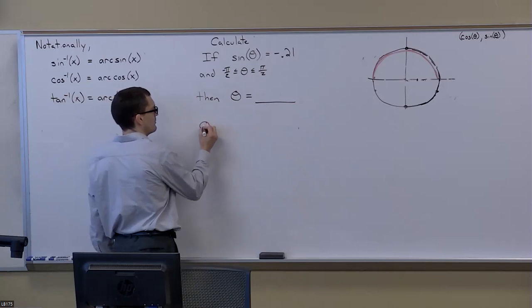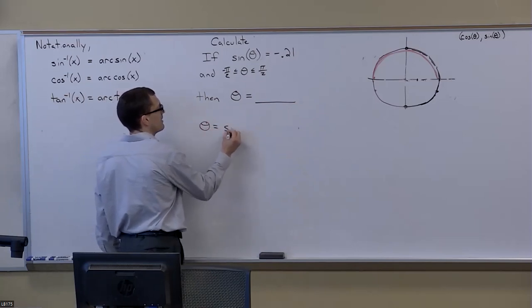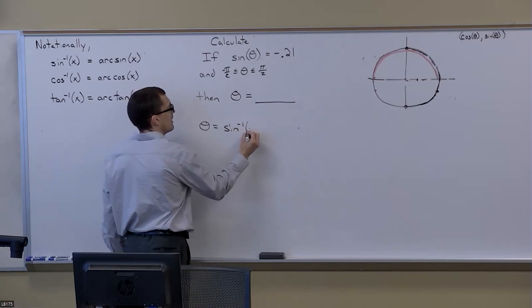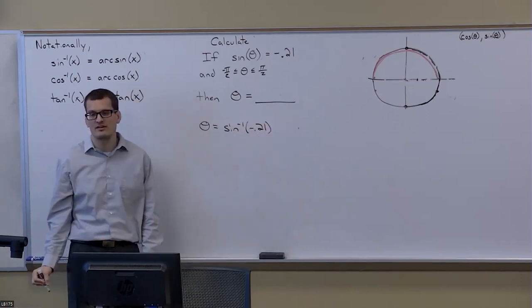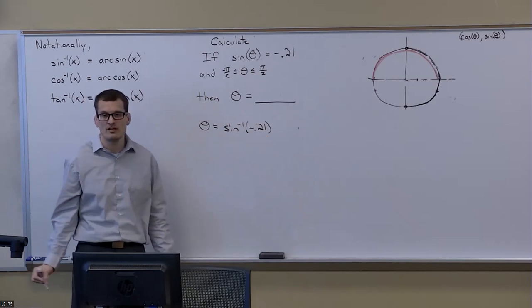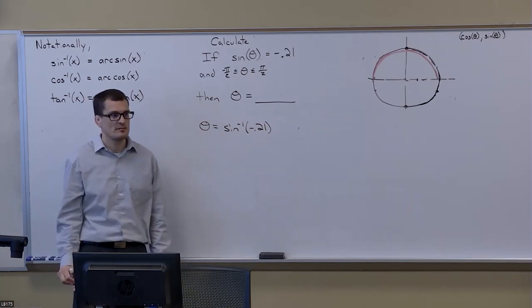And all we need to do to find theta is say inverse sine of negative 0.21. That makes sense?